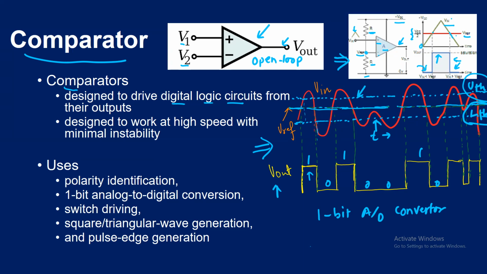Unless your input signal crosses the upper threshold or lower threshold, you don't have a switching of the output. That helps to minimize the noise in the comparator output, and your signals are more precisely compared. We will see ahead how comparators solve this issue.